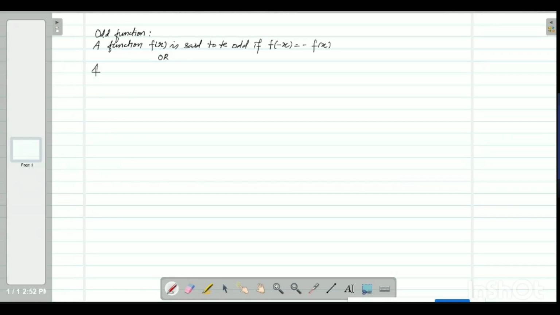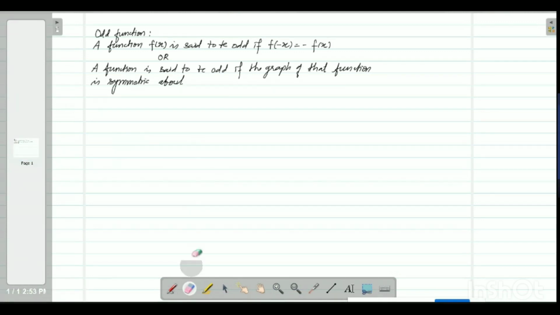Or a function is said to be odd if the graph of that function is symmetric about the origin. If the graph of the function is symmetric about the origin, then we can say that that function is an odd function.